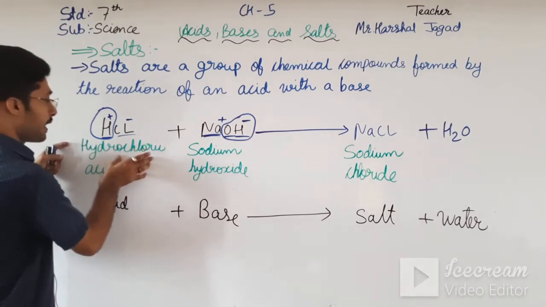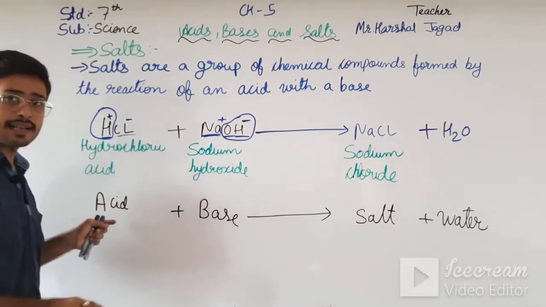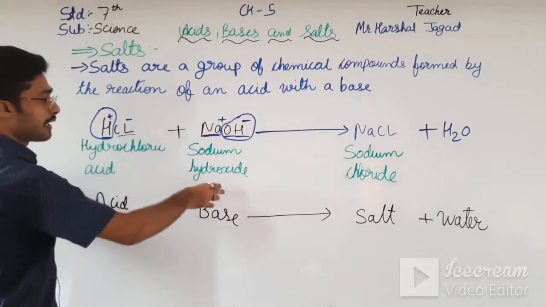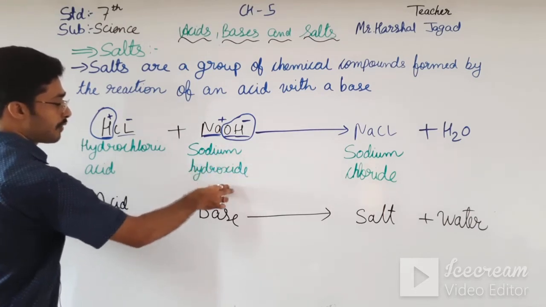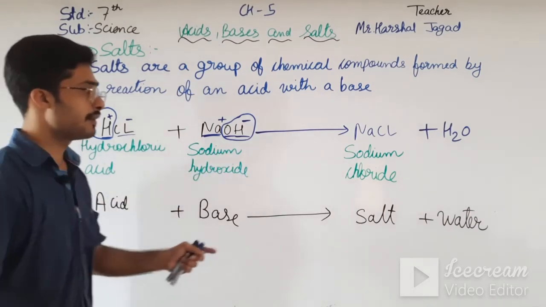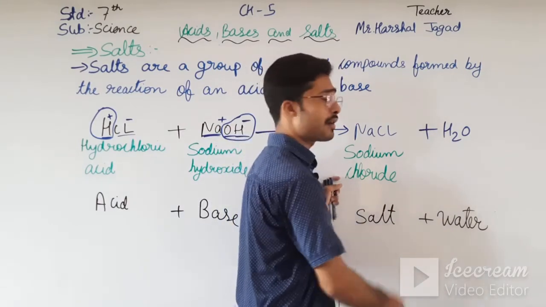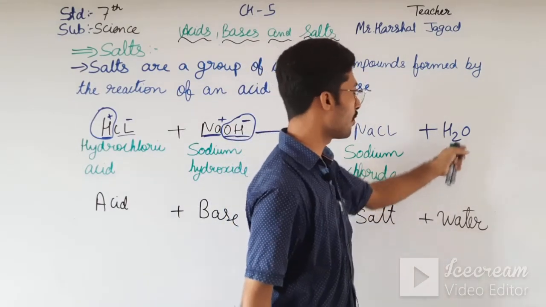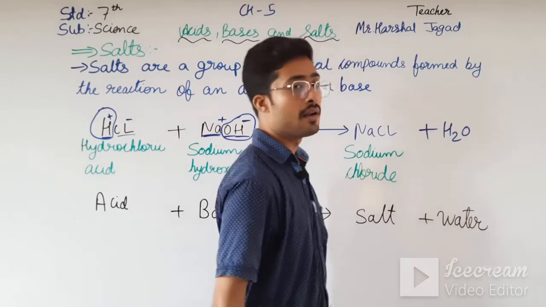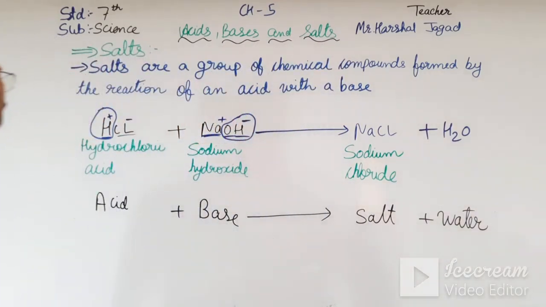How? Hydrochloric acid, that is acid, NaOH, that is base, and we get the salt, that is sodium chloride, and another one H2O, that is water. Okay students, so this is an example.